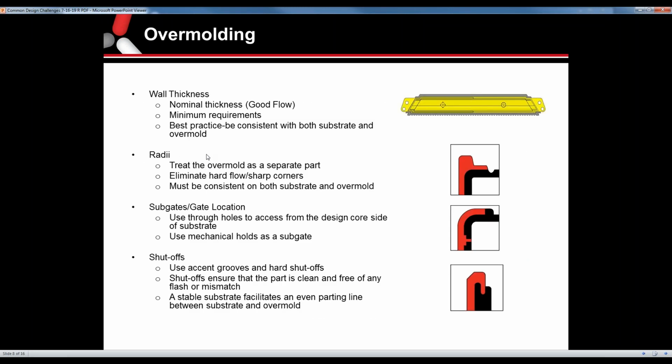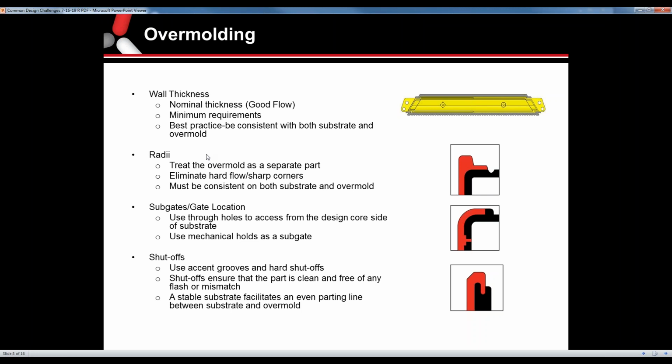So this leads us to overmolding. These are just some general guides for overmolding. When designing a part that's going to have an overmold, treat each part individually as its own separate part. You want to have a nominal wall thickness across both parts, depending on the material for each, the substrate, the first shot, and the overmold, which is the second shot.